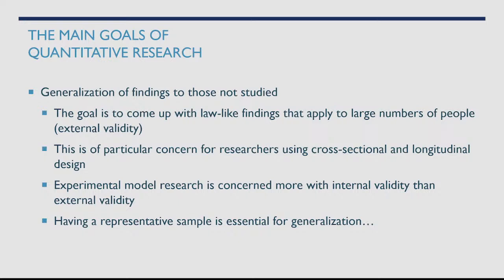This is of particular concern for researchers using cross-sectional and longitudinal designs. Typically, especially in survey work, you're trying to get a representative sample so you can say something about the whole society: how religious Canadian society is, what percentage of Canadians approve of Justin Trudeau, their political leanings, or how people's political affiliation changes as they age.